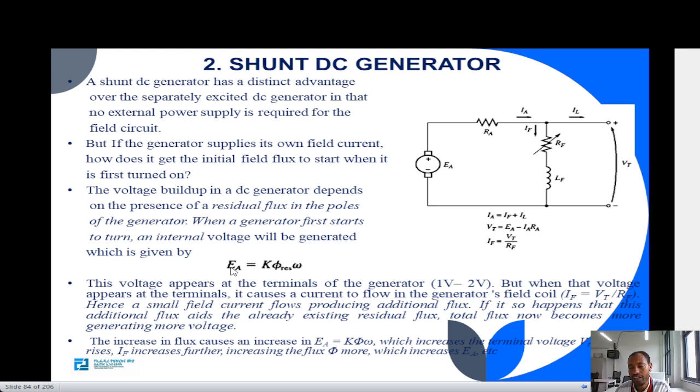If EA is 0, VT is definitely going to be 0. So unless the generator is new, there should be a residual flux. Once the residual flux is there, the generator will definitely build up the initial flux. How? You remember the equations. Let me explain this a little bit.